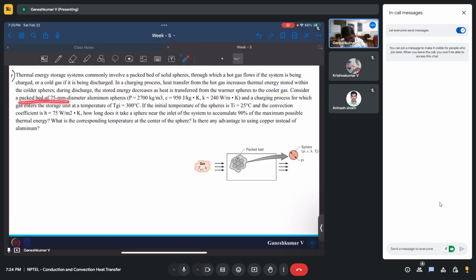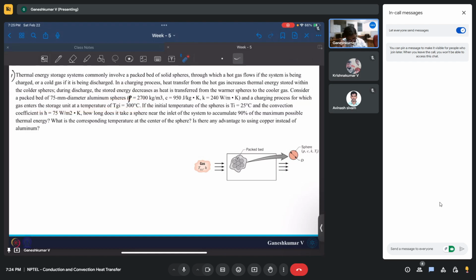Consider a packed bed of 75 mm diameter aluminum spheres with a density, rho, of 2700 kilograms per meter cubed, the specific heat is given, which is 950, and thermal conductivity is given. The diameter of the sphere, 75, is also given, and in a charging process the gas enters the storage unit at 300 degrees Celsius.